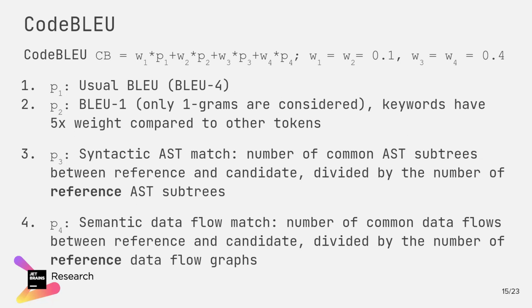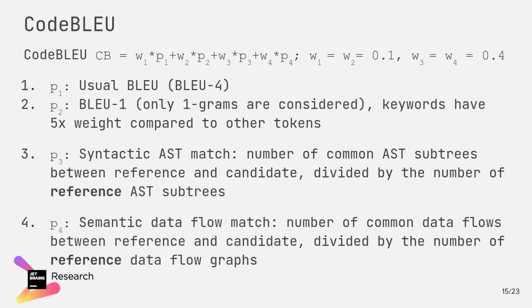And P4 is a metric that measures the similarity in the semantic data flow match. And it is given by the number of common data flows between reference and the candidate, divided by the number of reference data flow graphs. So one can immediately notice that this definition of CodeBLEU is somewhat lax, and we can vary values of hyperparameters W1 to W4 to affect the metric score.